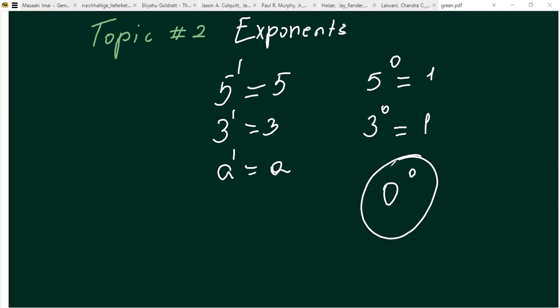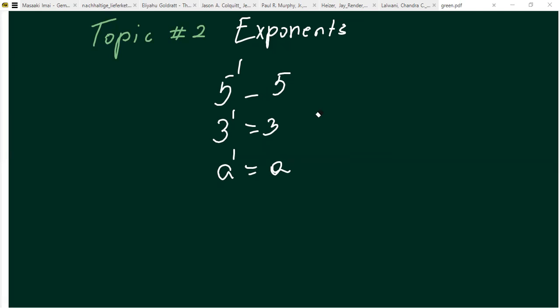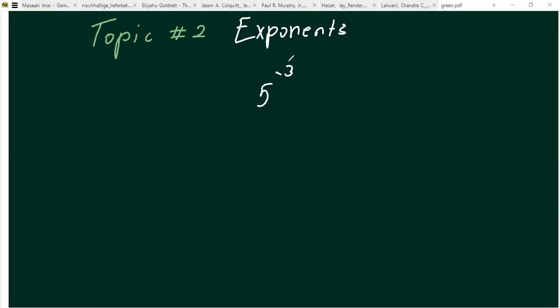Okay, let's continue with negative exponents. What is a negative exponent and how should we calculate it? I write here one negative exponent, 5 with exponent negative 3. So, the negative exponent can be expressed as the positive reciprocal of the base multiplied by itself that many times.